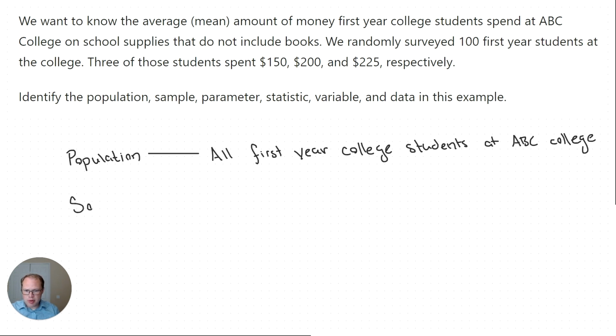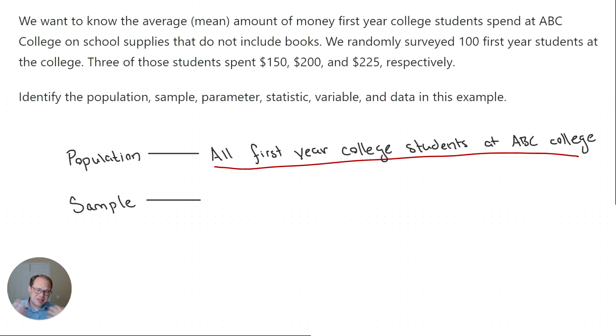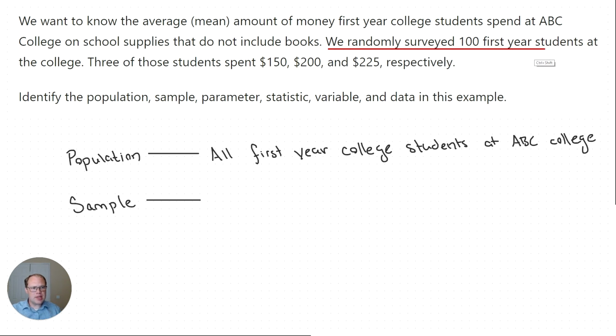Next, let's find the sample. Remember, the sample is a subset of the population. It helps us find out more about the population. Maybe talking to every first-year college student at ABC College is too difficult. Maybe there's too many of them. Maybe it's hard to track them down. So instead we talk to a subset. Who do we talk to? We randomly surveyed 100 first-year students at the college.